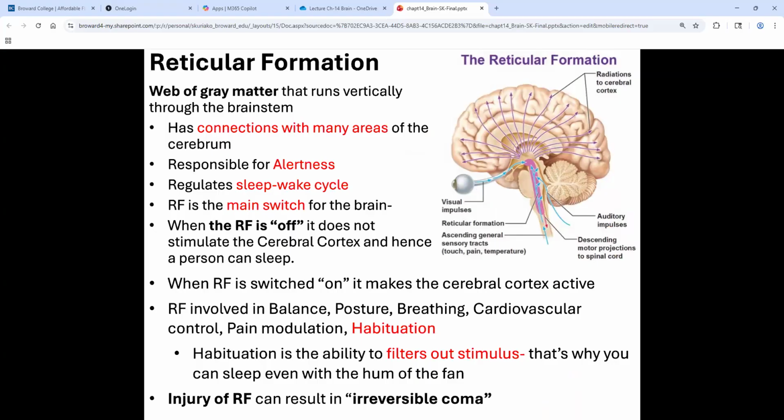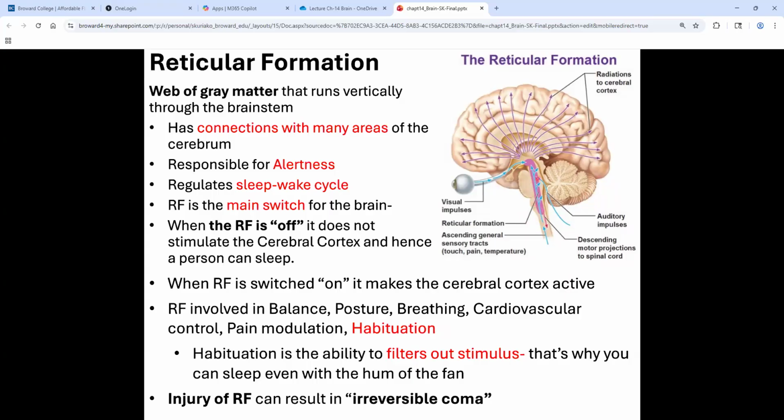Now, there is another web, or there's some scattered gray matter which is in the brainstem, and that's called the reticular formation. So what is this reticular formation?